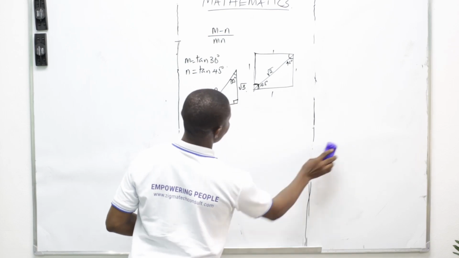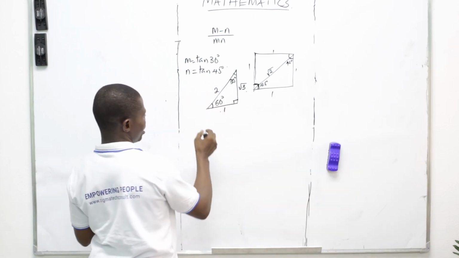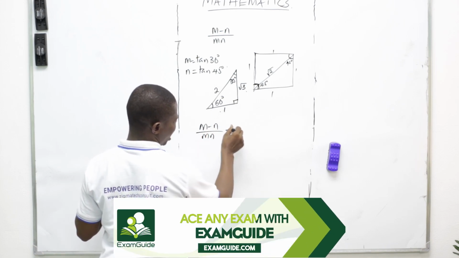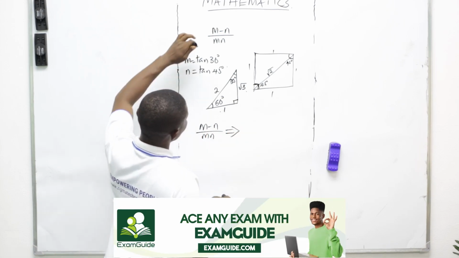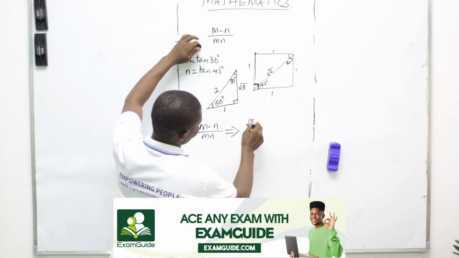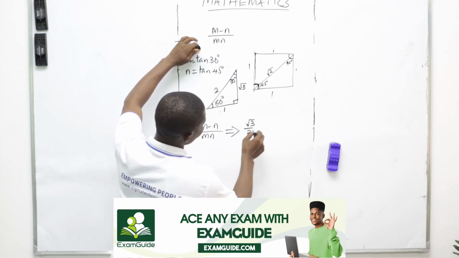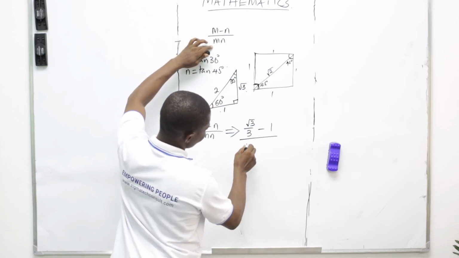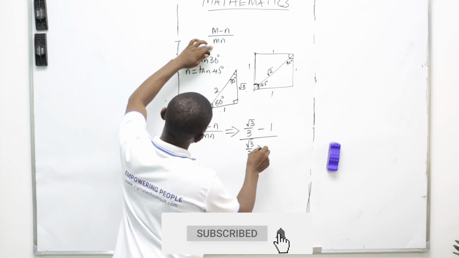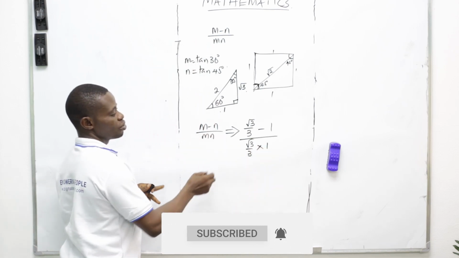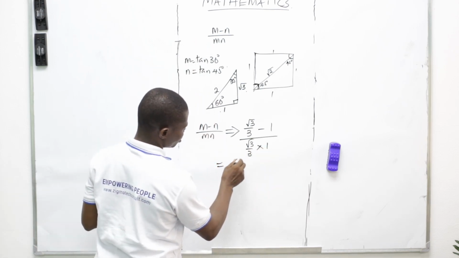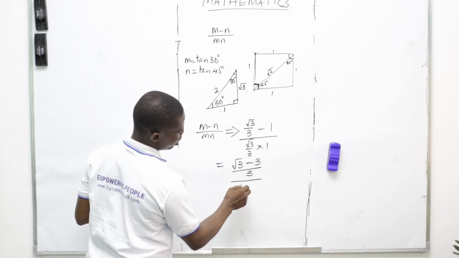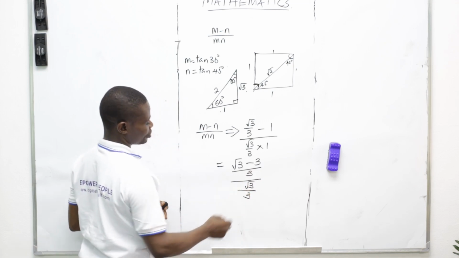So, M minus N all over MN implies M is tan 30, root 3 all over 3, minus 1, all over root 3 all over 3 times 1, to give us root 3 minus 3 all over 3 divided by root 3 all over 3.